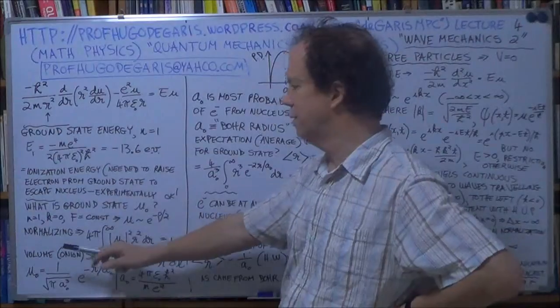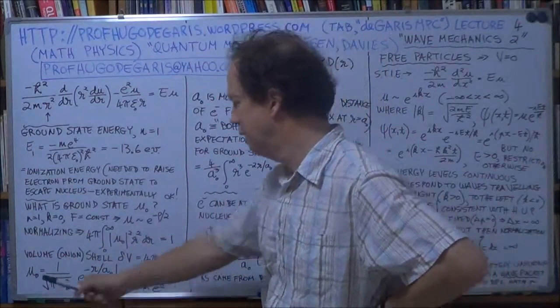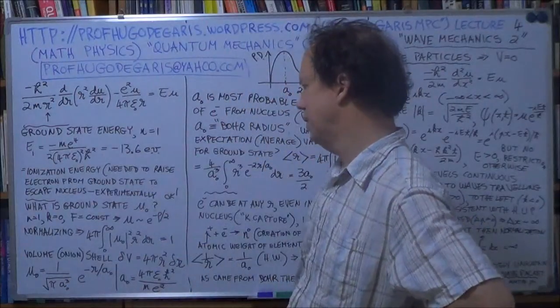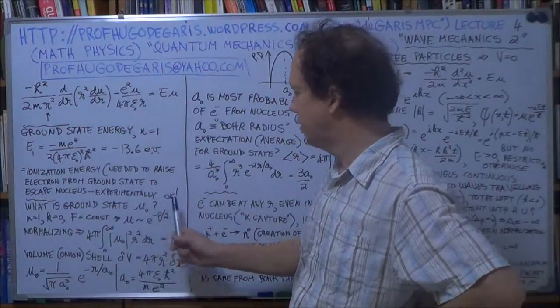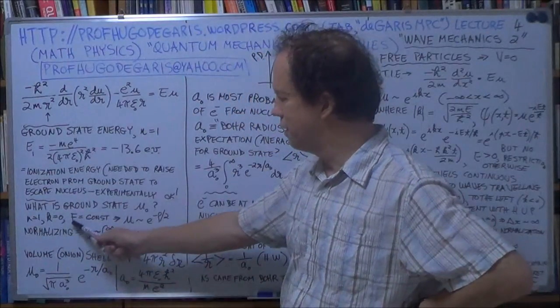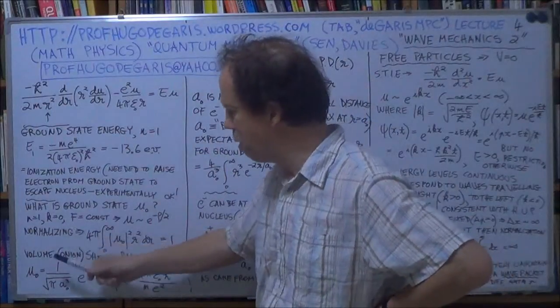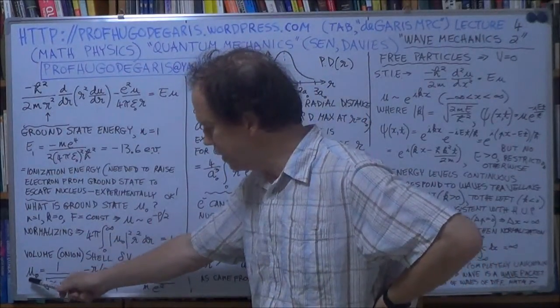Now, what about the ground state itself? The wave function, the U. Well, what is it? Well, at the ground state, n is 1, so k is 0. So that means that your f, your polynomial in the formula, the general. Remember, not U naught, but just U in general.